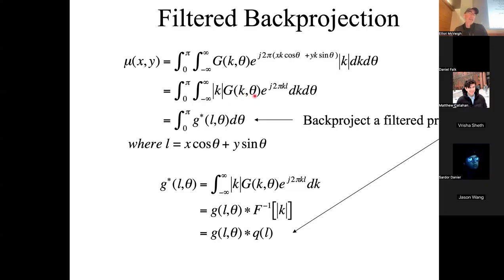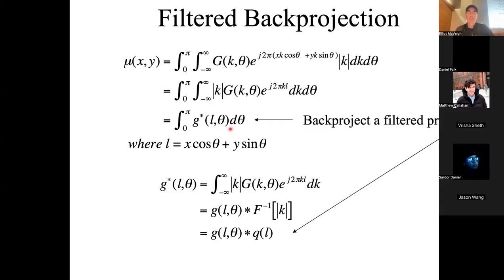Remember, this is the stuff I have. I've created it from my raw data by doing the Fourier transform and getting over here. This is my Jacobian. And so when I take the inverse Fourier transform with respect to k, I get to this middle step where I now have a new function, and we're going to call it g star L theta, right?